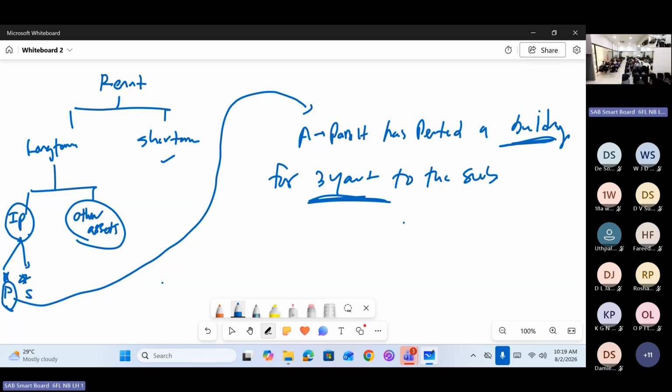Let's say the annual rent is 500,000. Annual rent 500,000. IBR 12%.